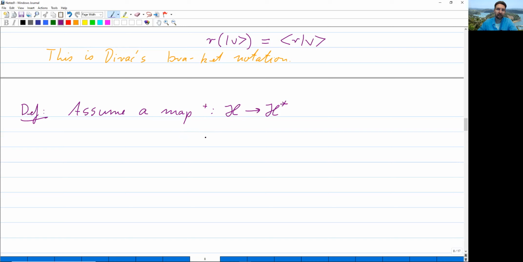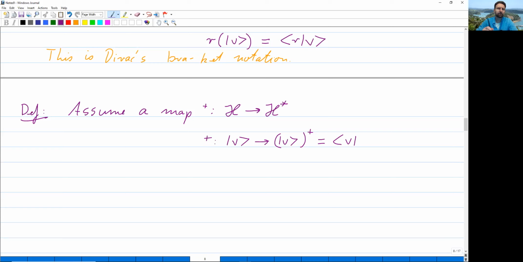So that is to say that this will map vectors v into v dagger, which we will write as the bra v.